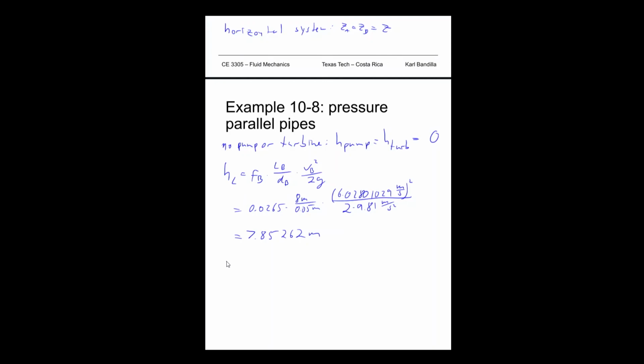All right, now we have all the subcomponents, so we can write our energy equation again. We're looking for the two pressures, so we'll leave those in. PA over gamma.